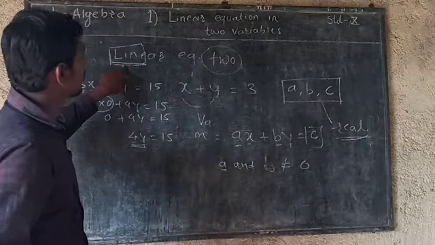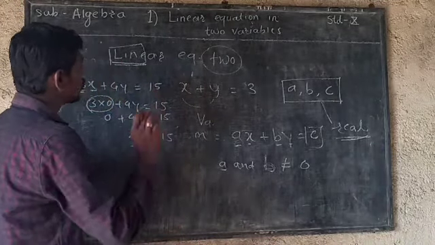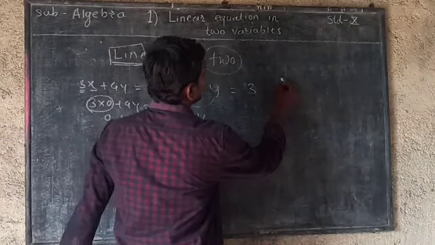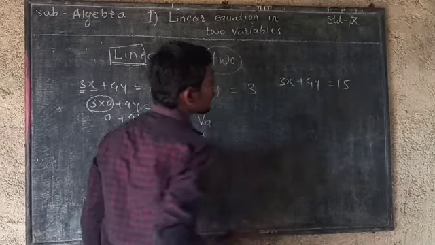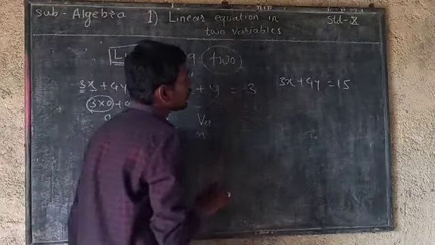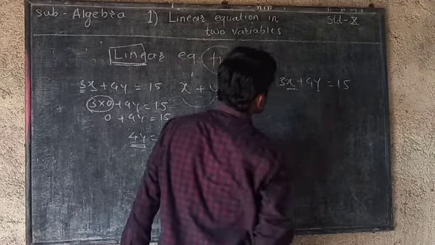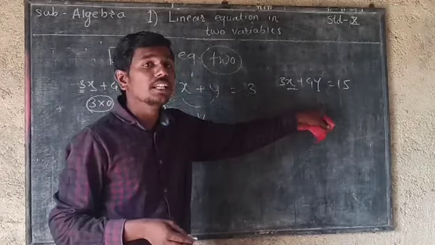So this is the most important thing in a linear equation in two variables. And listen, the most important thing is here again: 3x plus 4y is equal to 15, right? The most important thing is that the index of x and y is 1.